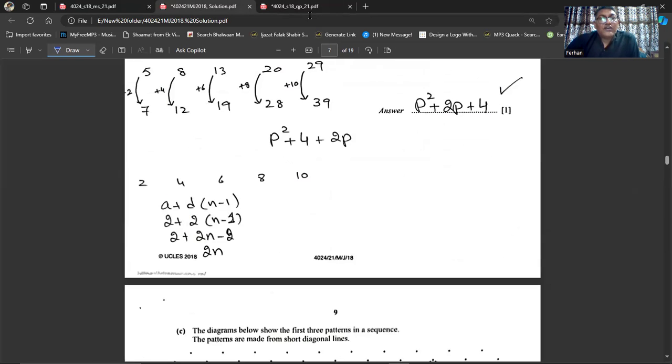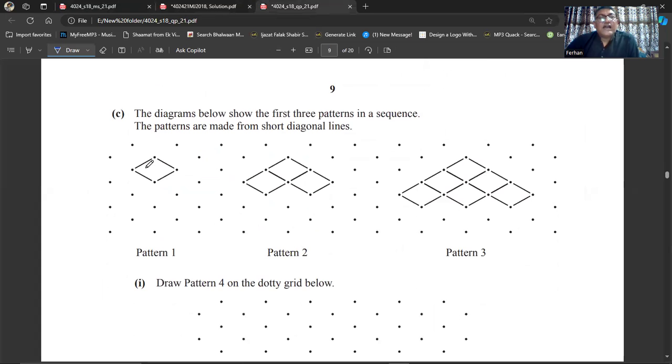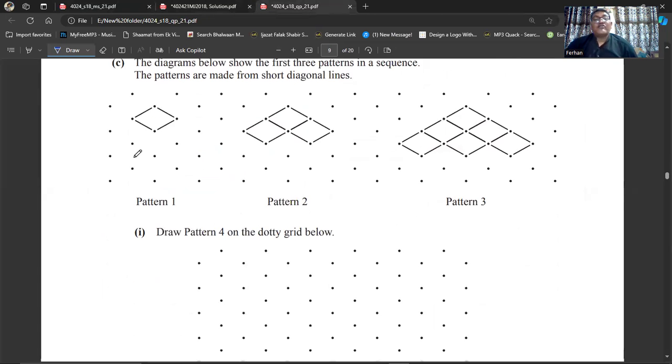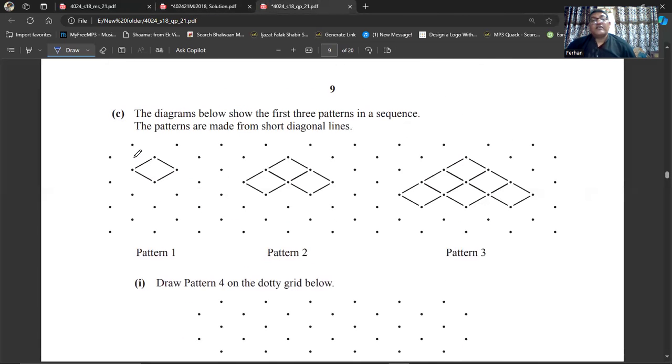Okay, so we are going to the next part. The diagram below shows the first three patterns in a sequence. The patterns are made from short and diagonal lines. So draw the pattern number 4 on the dotted grid below.